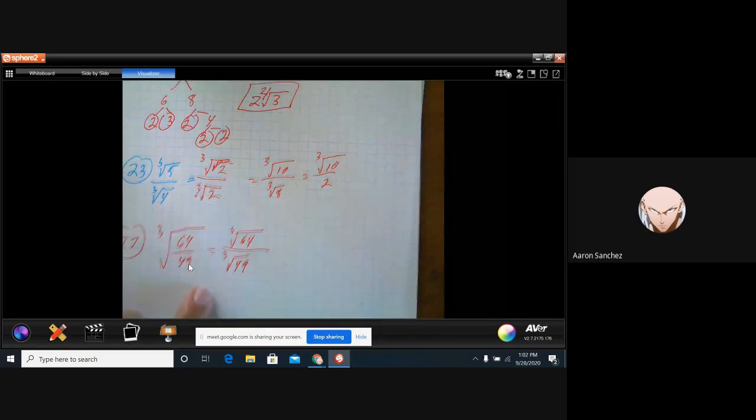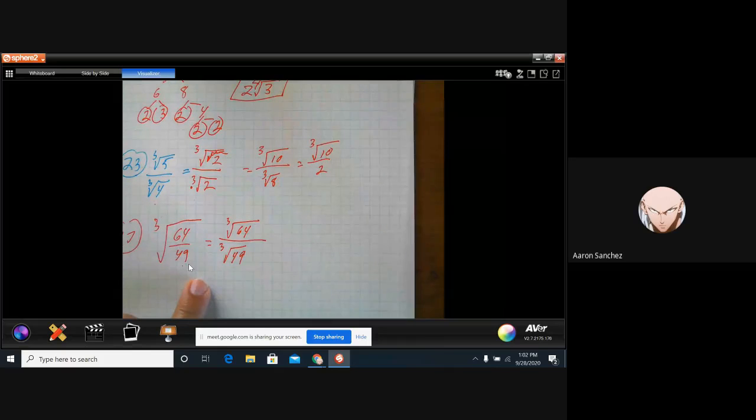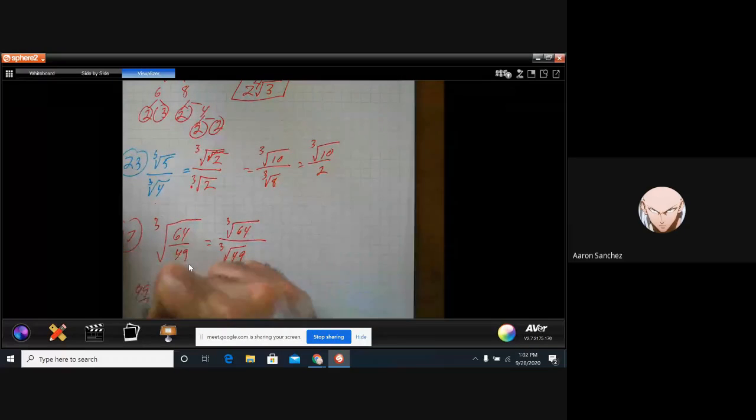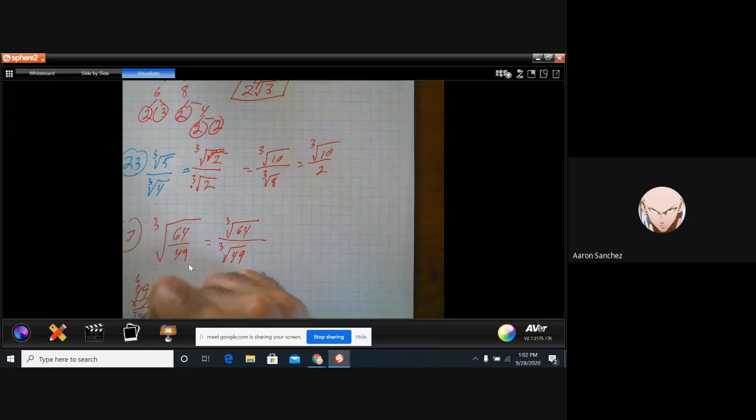To make this a perfect cube, 49 is 7 times 7. So a perfect cube would be 7 times 7 times 7, which is 49 times 7, which is 343.